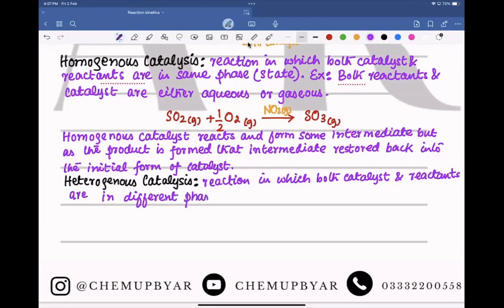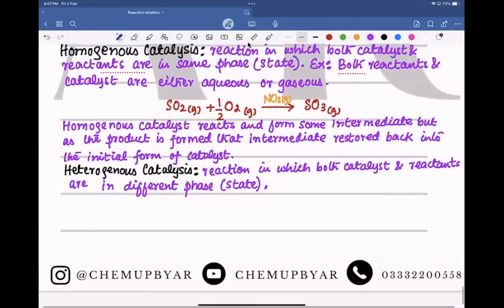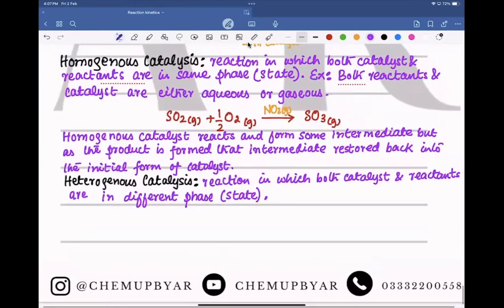And when we say phase, it means state. And here we have examples for this. For example, the Haber process, where we use nitrogen gas.